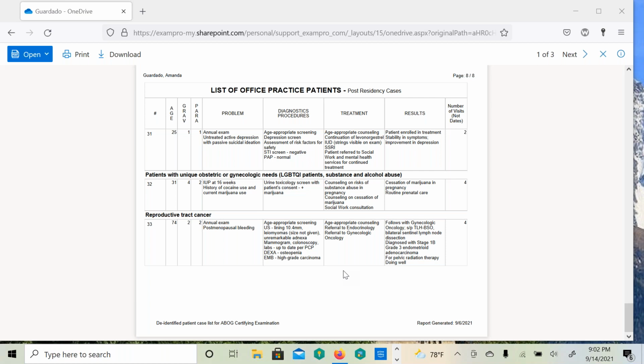And you did review her FRAX scores, and her FRAX scores were in an acceptable range. I would also like to assess if the patient had any other factors that would potentially be concerning for development of osteoporosis in the future, such as smoking, alcohol abuse.